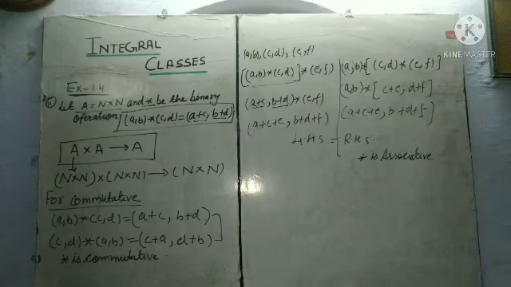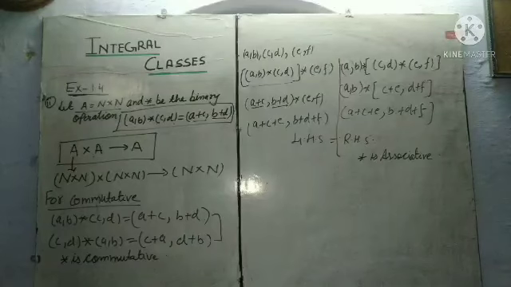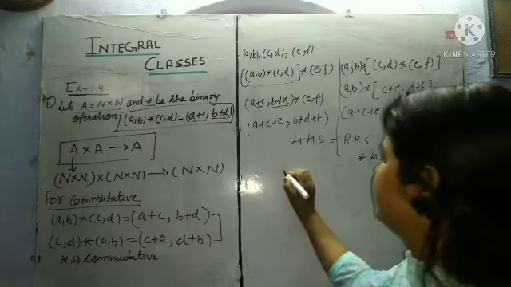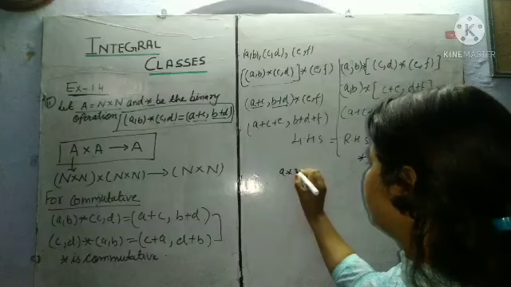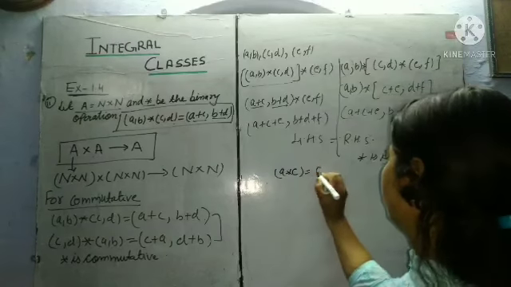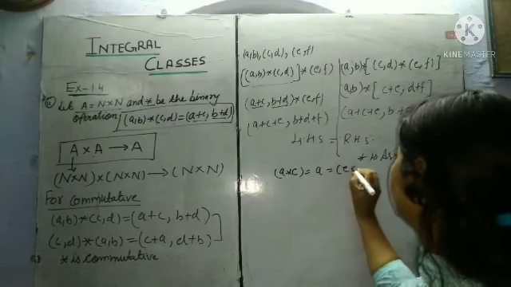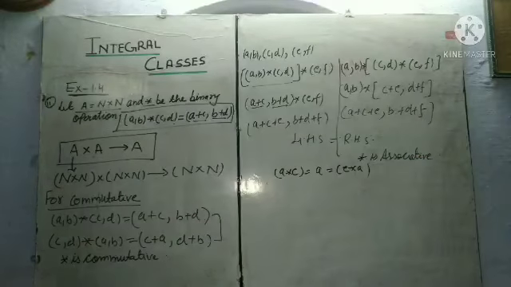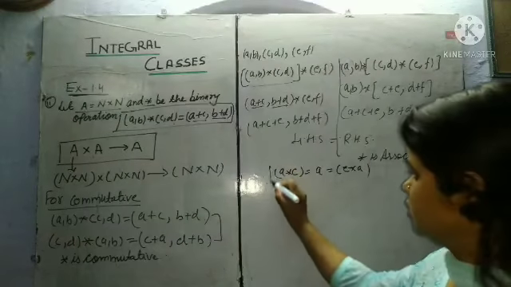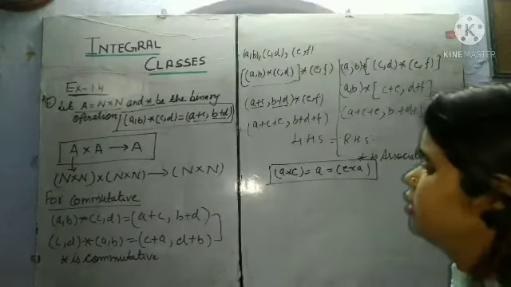Now for finding the identity element. So now for identity, A star E equals A, E star A. First we will consider this property for the identity element.